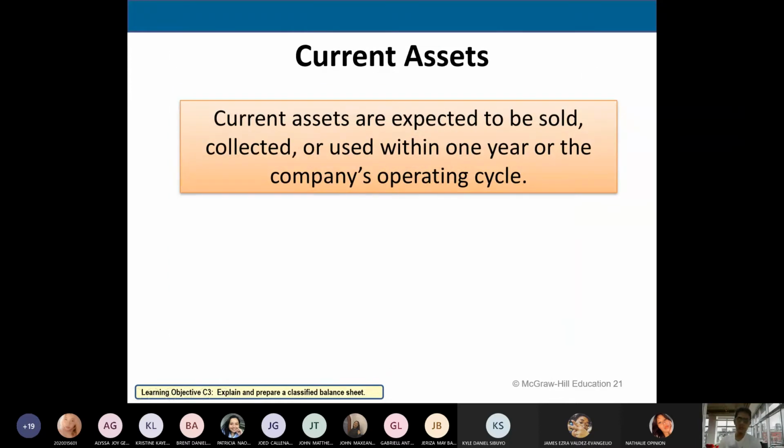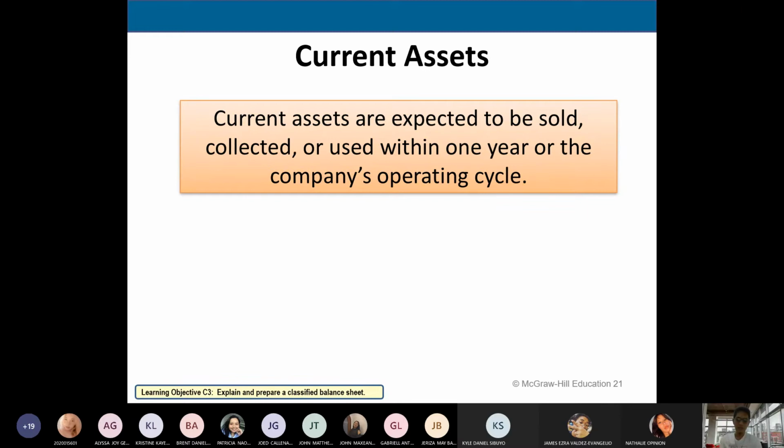Yan. Current assets are expected to be sold or collected or used within 1 year or company's operating cycle, whichever is longer. Kasi may normal operating cycle na 13 months or 14 months depende sa company, no?